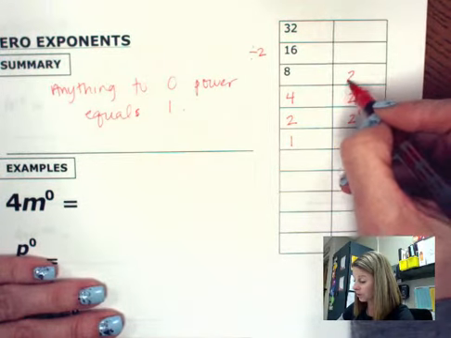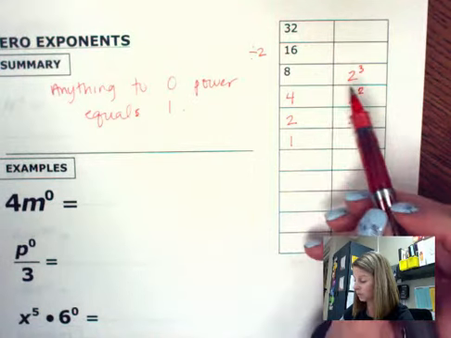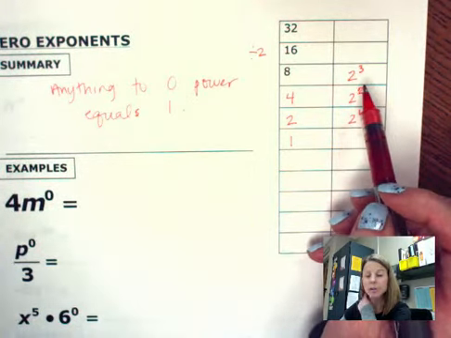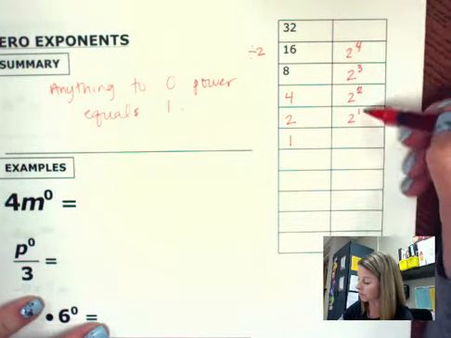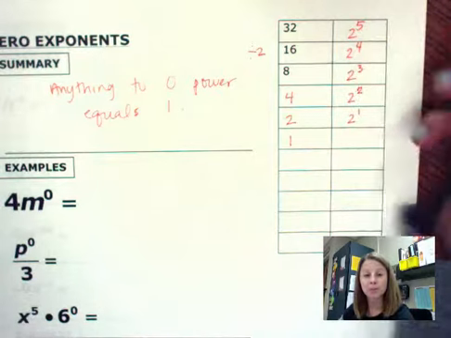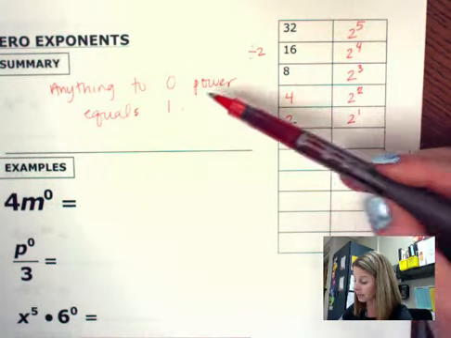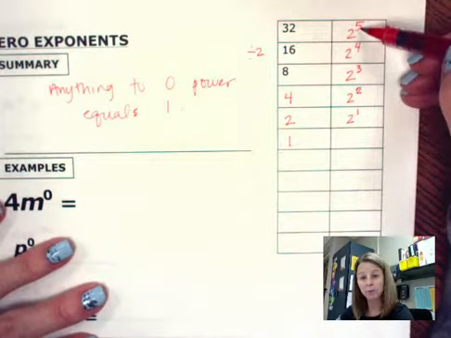If I took 2 and raised it to the third power, 2 times 2 is 4, 4 times 2 is 8. So can you see my pattern here? 16 would be 2 to the fourth, 1, 2, 3, 4, and then 32 is 2 to the fifth. So in order for you to see why anything to the 0 power is 1, let's go backwards with our pattern.